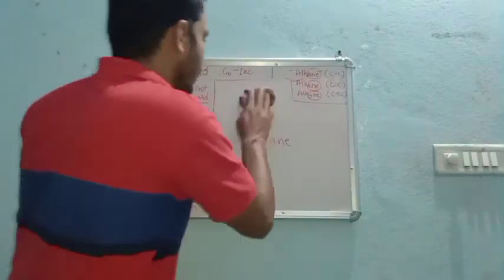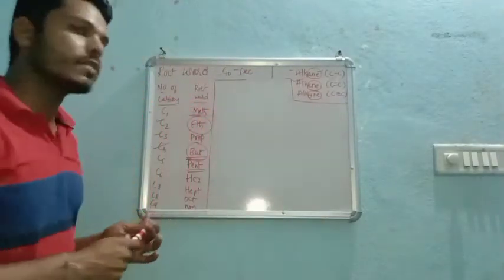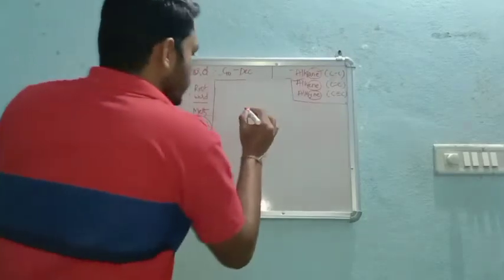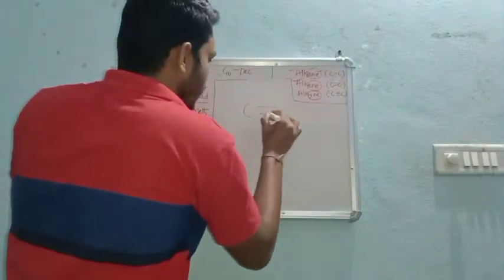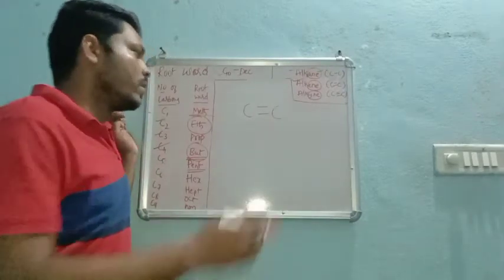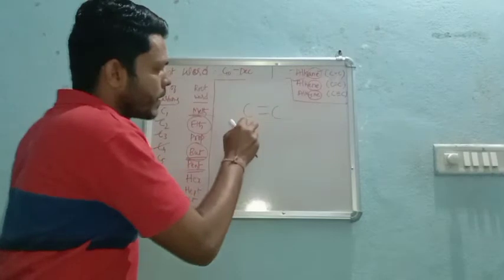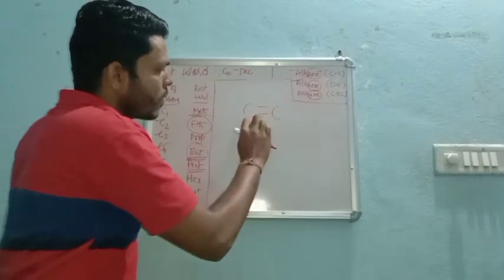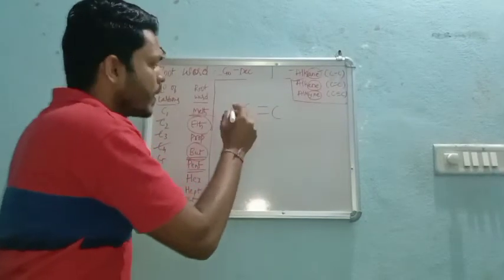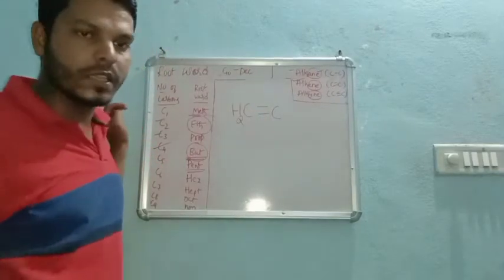So, okay, we will move towards today's topic, that is alkene. Now see, carbon-carbon double bond, right? Again we will go with the basics. With respect to this carbon atom, there are two bonds. So how many hydrogens do we require to complete its valency? 2 hydrogens.